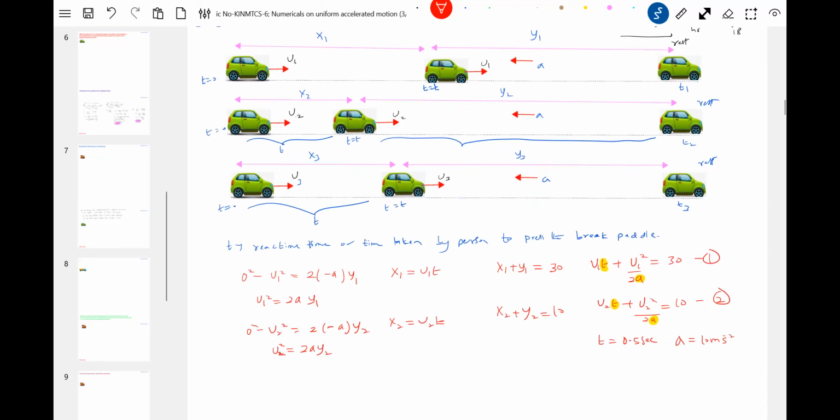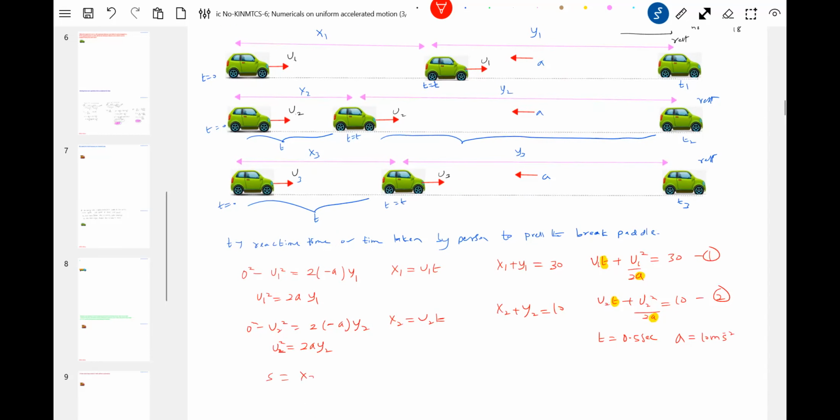After getting this, the question is asking X3 plus Y3. What is X3? U3 into T. First, I'll come in order. 0 minus U3 square equal to minus 2 times retardation into Y3.